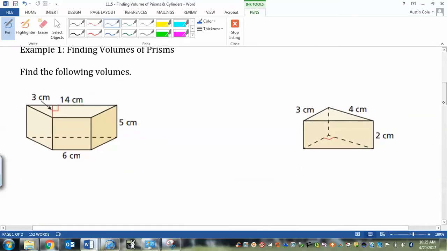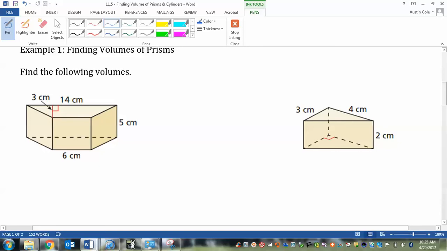So, finding the volume of a prism. Let's look at the second one first, okay? I think that's a little easier. So what's our base? What's a base? It's the bottom, I agree. So on all prisms, you have two sides that are always going to be exactly the same, just opposing each other. Okay?